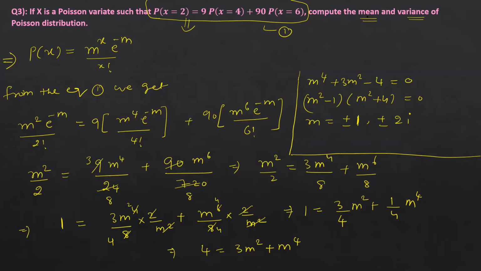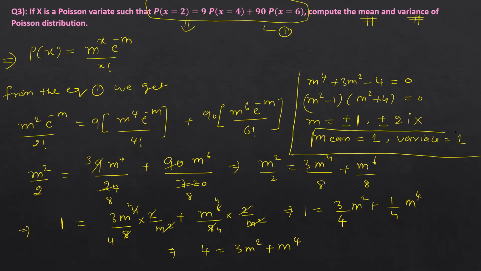Because you are talking about mean and variance, so negative value and imaginary values you have to neglect. So therefore the mean is equal to 1. And we know that variance is also same as mean, so that is also 1.